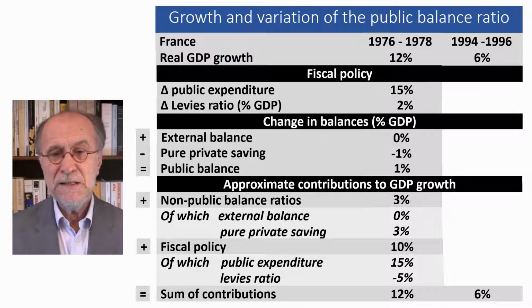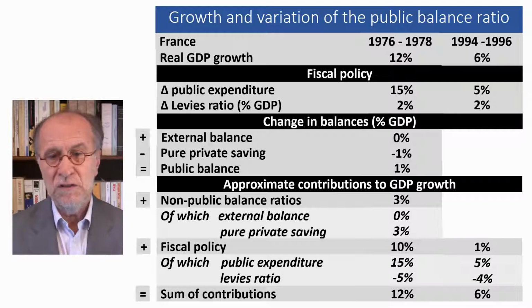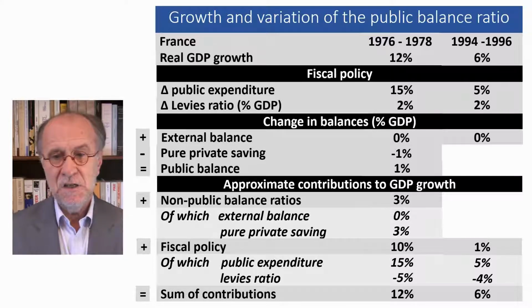Although public expenditure was up 5%, the stimulus it provided was cancelled out almost entirely by additional public levies of around 2% of GDP that had a negative effect on growth.